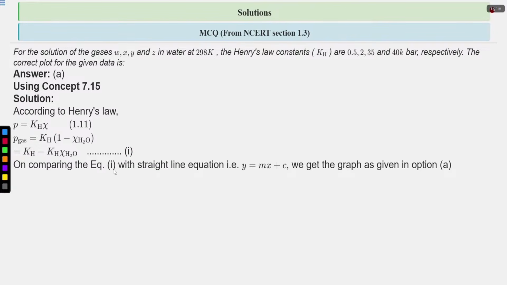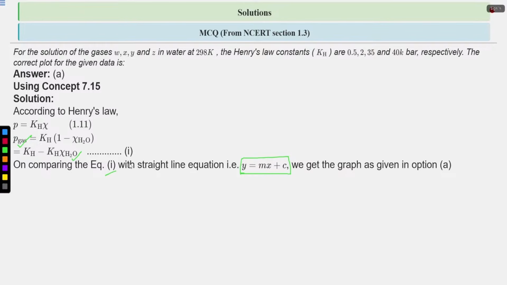Now, we compare the first equation with the straight line equation, which is y equals mx plus c. So y represents our y-axis, x represents our x-axis. On the y-axis, we have partial pressure, so y will be this. We have mole fraction as x, so chi of H2O will be x.